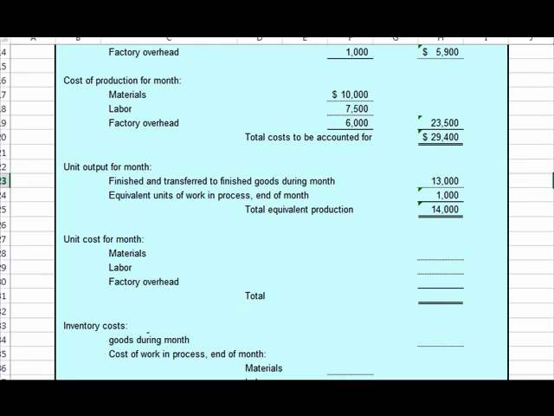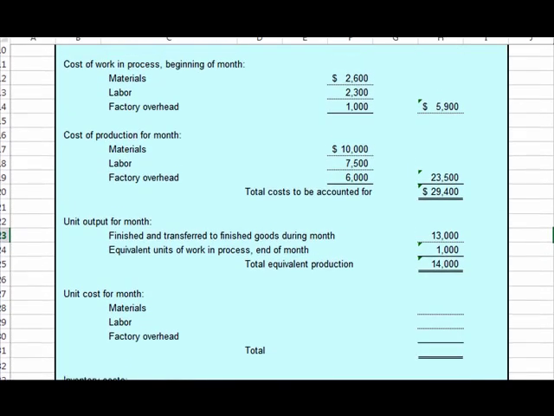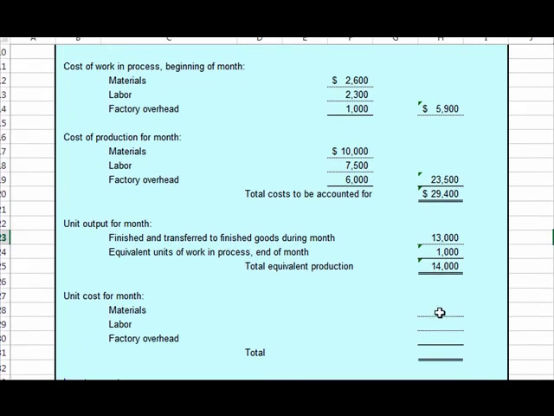Okay, now the unit cost for the month on materials. What we're going to do is take all of our materials costs for the month divided by the 14,000 units.